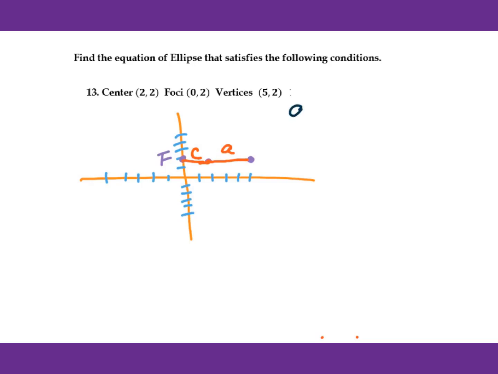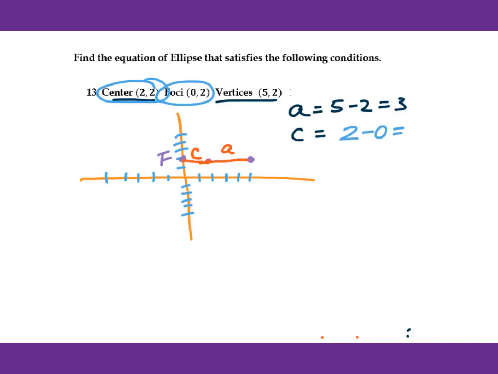Therefore, we can get a equals, using the vertex and the center, 5 minus 2 equal to 3. You can get c using these two. That will be 2 minus 0 equals 2.